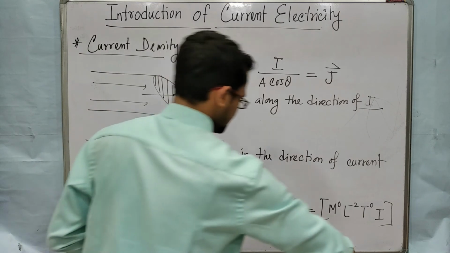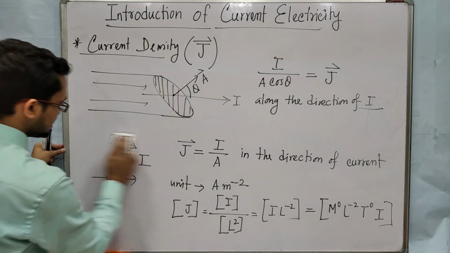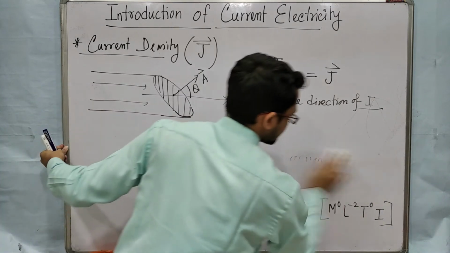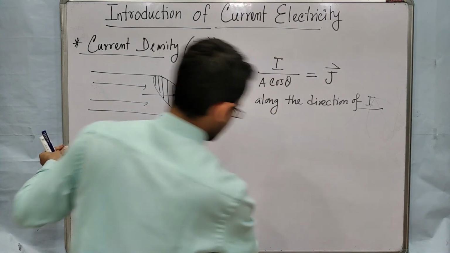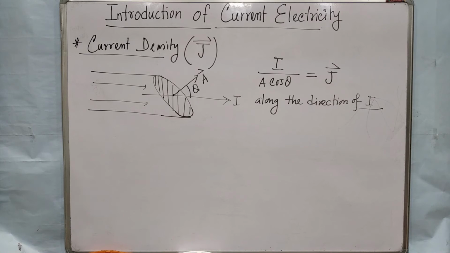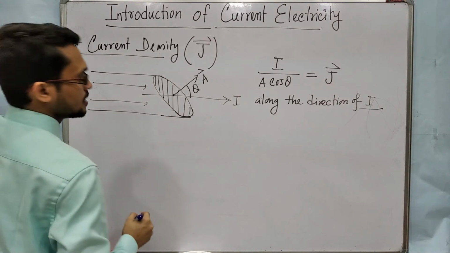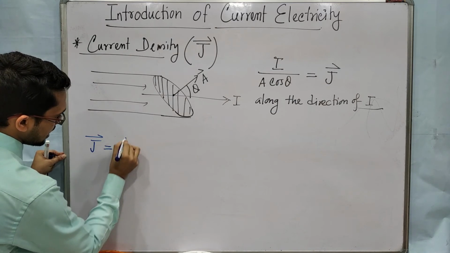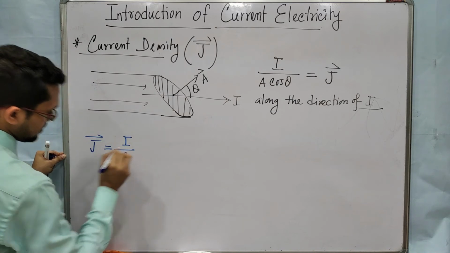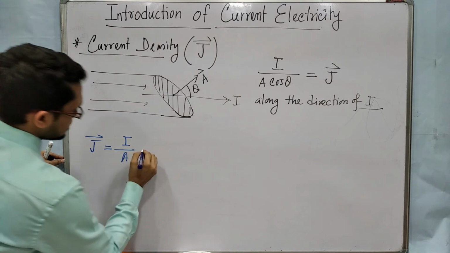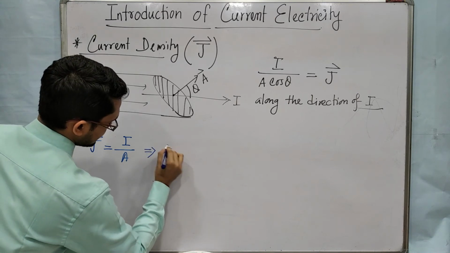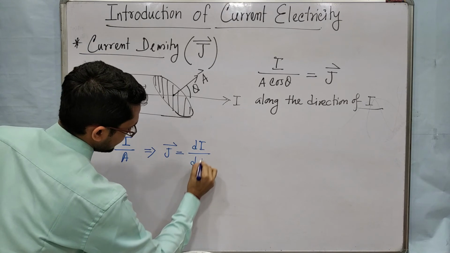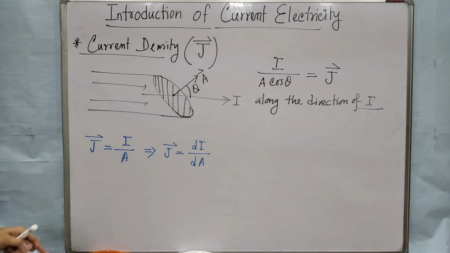Clear. So I am erasing this part. So J equal to I by A. In differential form we can write J equal to di by dA, because of the same reason.